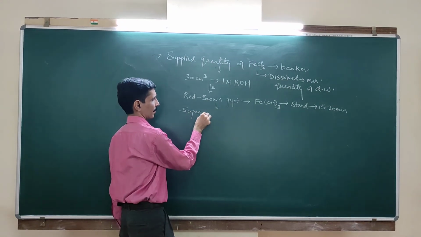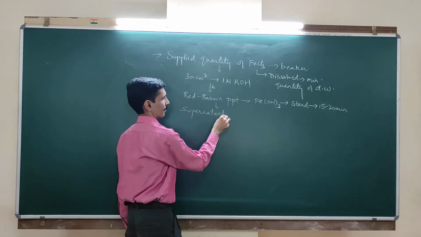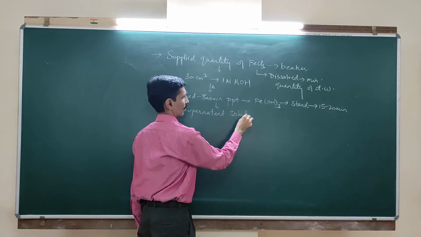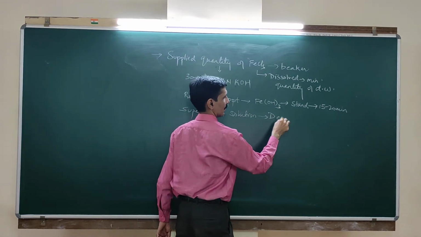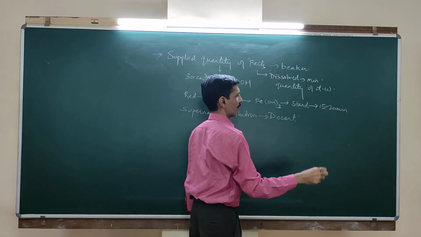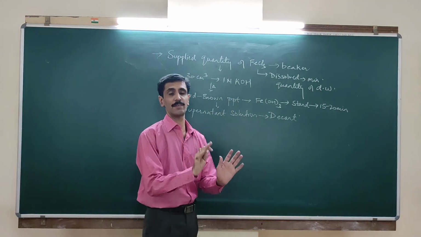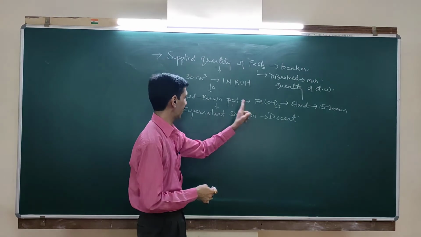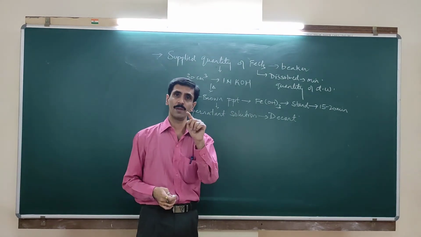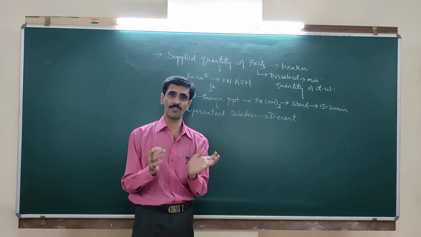So, the next thing is the supernatant solution, which we have to decant. Slowly remove it, making sure that the precipitate is retained. And then, after decantation of the supernatant solution, what remains is the precipitate.